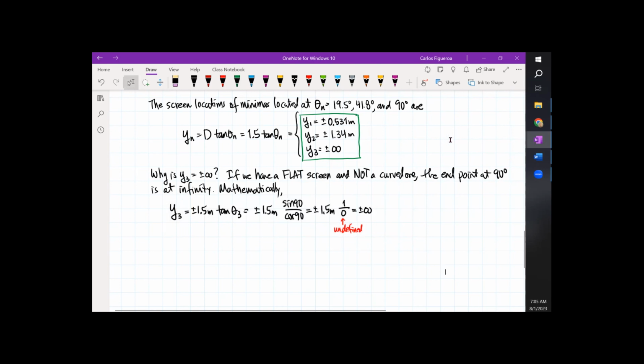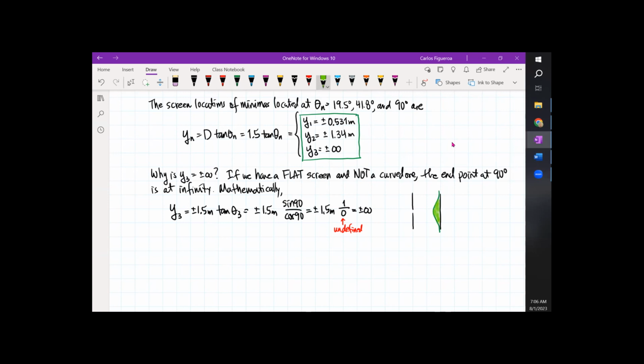So mathematically, that's why we're seeing that infinity here. But if I look at the screen here, what am I actually seeing? Well, if I have my screen right here, and I'm looking at my pattern, let's say I look at just one of these. I'm not going to really draw out the pattern, but you could imagine that if I had one that looks like this, that minima there is at infinity.